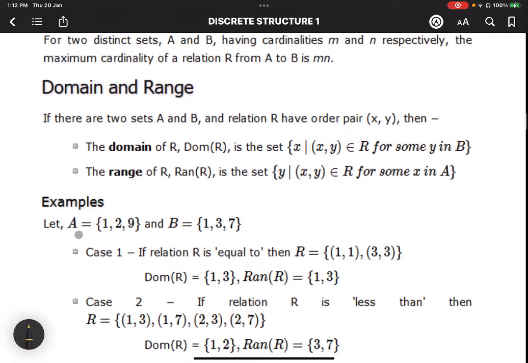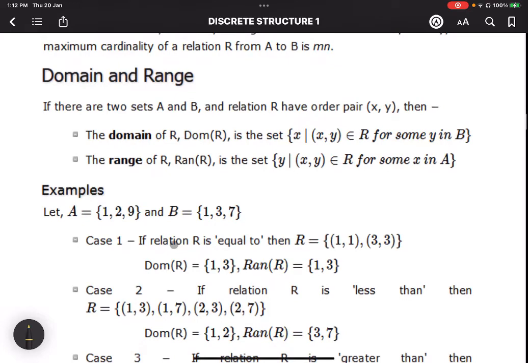let's say, for example, we have set A equals {1, 2, 3} and B equals {1, 3, 7}. In case 1, remember, R represents the relation. If R is equal to, then R is {(1, 1), (3, 3)}.